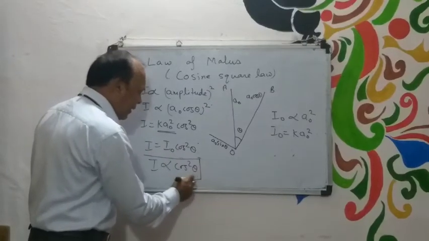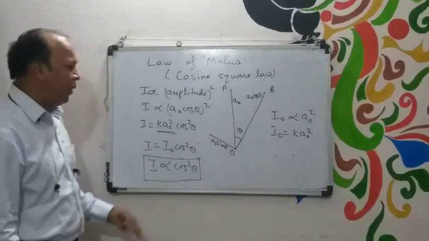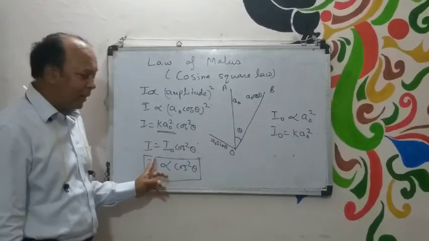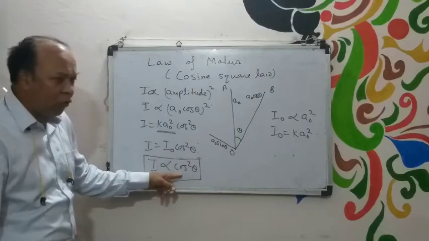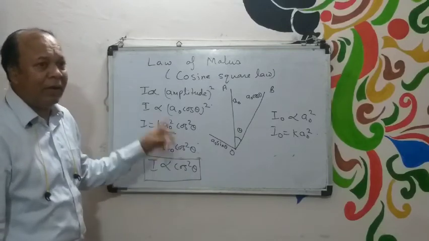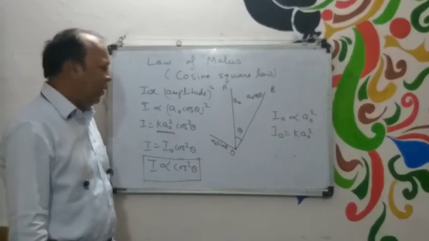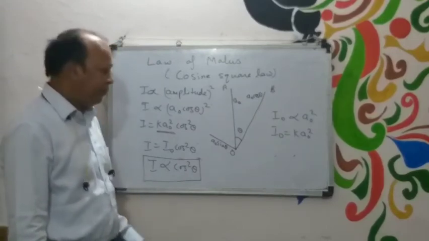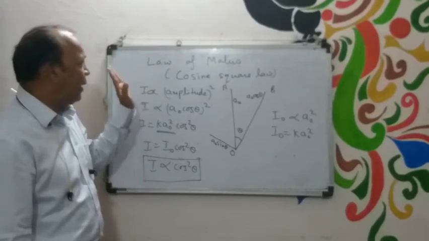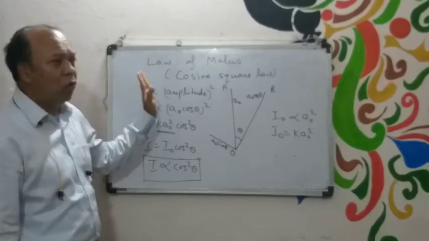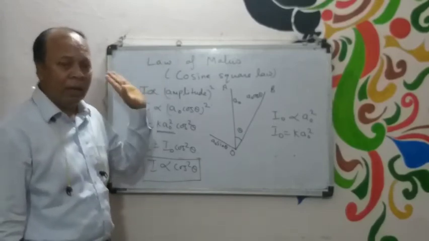So we find that the intensity of light varies according to cos square theta, where theta is the angle between the plane of polarizer and the plane of analyzer. Is that clear? This is known as Malus law or cosine square law.